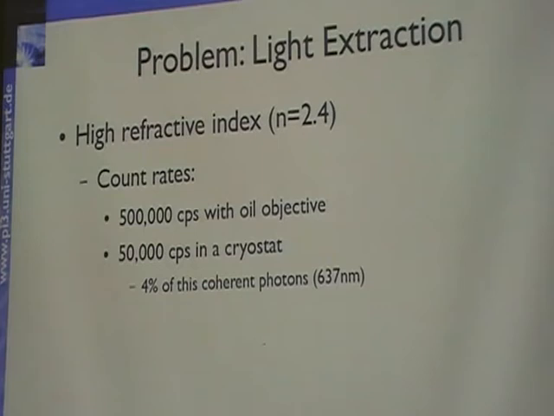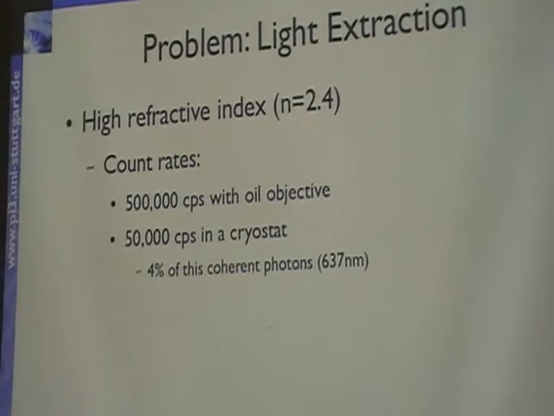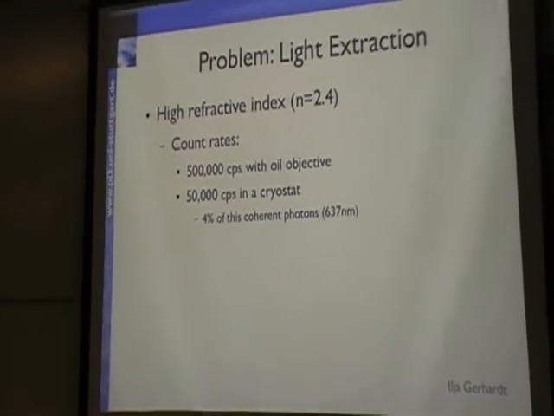So you normally take a really fancy objective, a lens for $5,000, and then you extract 500,000 photons. In principle there should be more, but we are unable to detect it because all the light is trapped in this high index material.